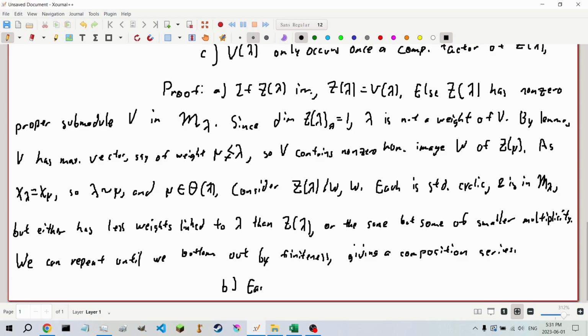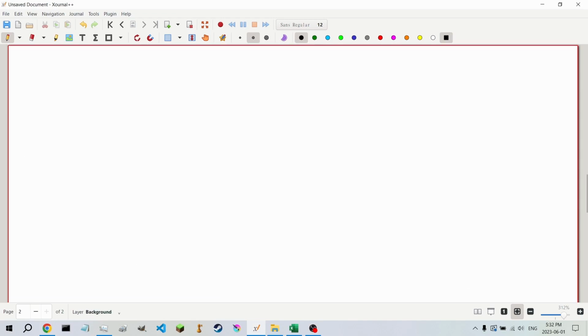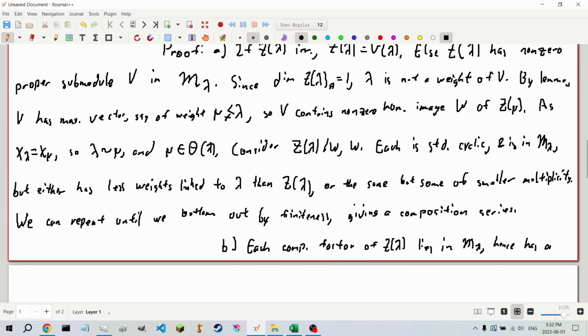So each composition factor of Z of lambda lies in M lambda, hence has a maximal vector by before, hence is standard cyclic, being irreducible.